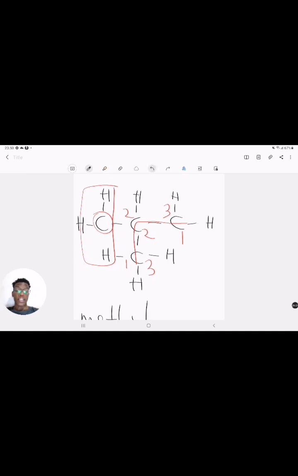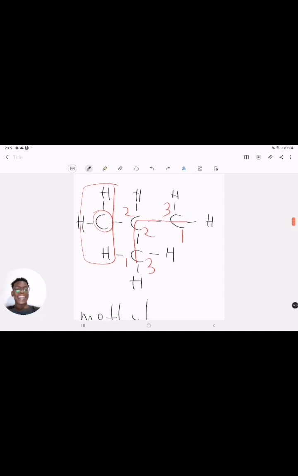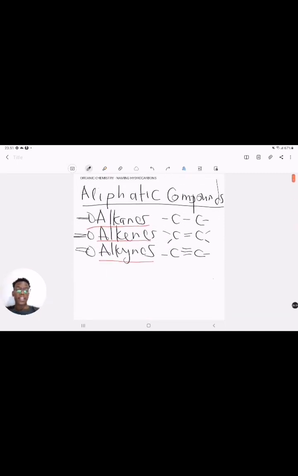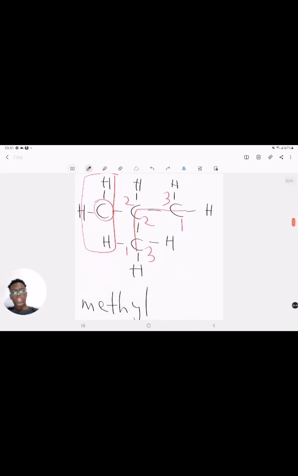I've got a single bond here, and I've got a single bond here. So since the maximum number of bonds between two carbons is 1, there's no bond that is more than 1. It's one bond. Then it means that I'm dealing with alkanes, because if I'm dealing with alkanes, I've got one bond between carbon atoms that follow one another. If this is an alkane, okay, cool. Now I know that I'm dealing with an alkane.